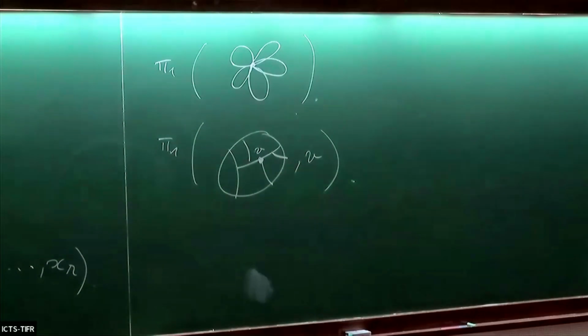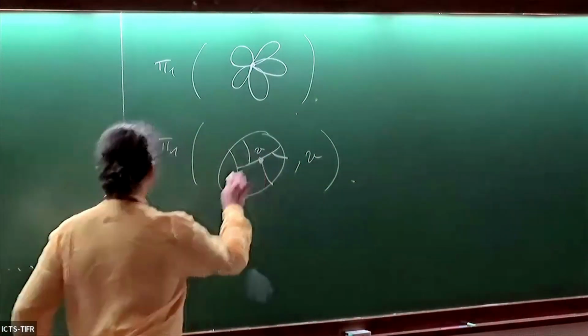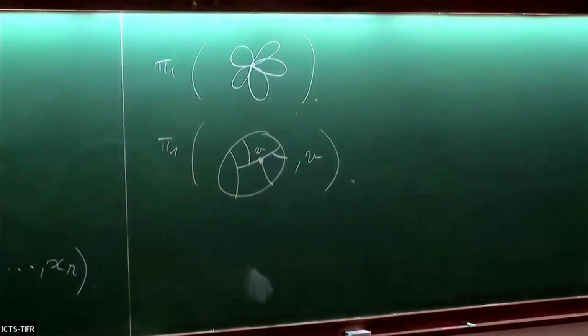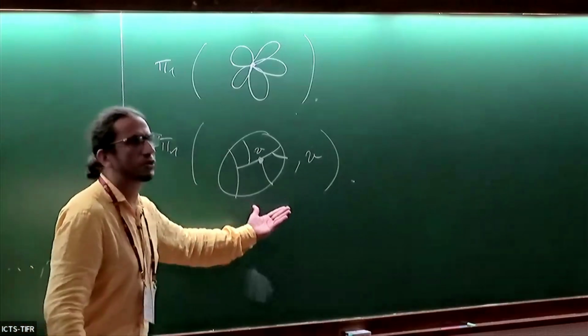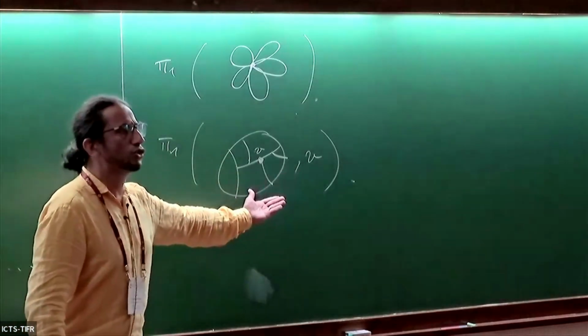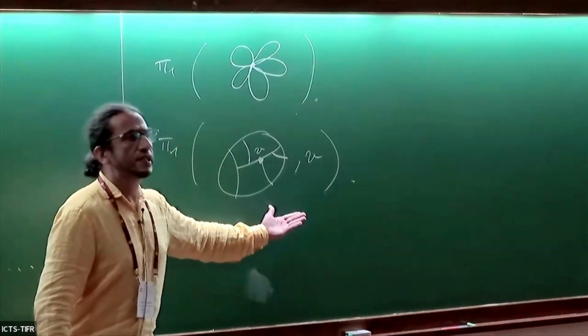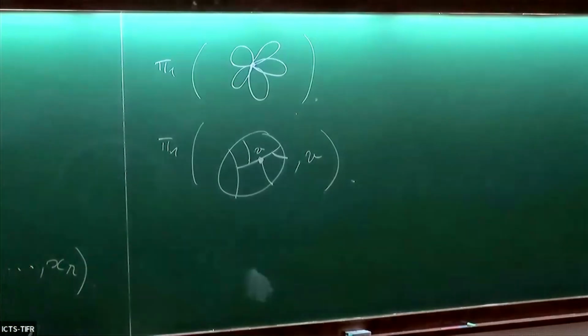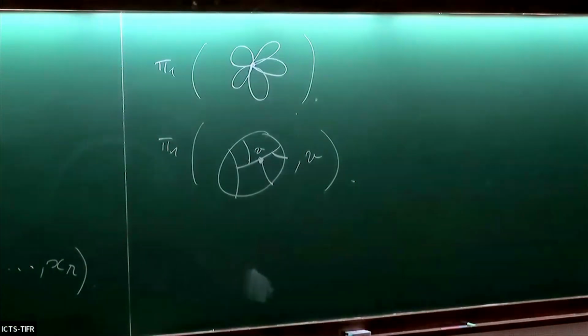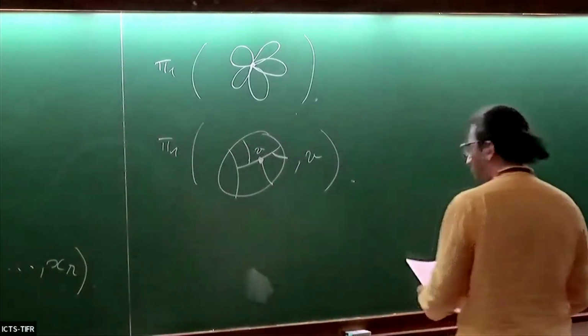Now, for finding what can be the letters to make my reduced words, there are recipes for that. You have to choose a spanning tree, and then the missing edges are what make the letters for your group of reduced words. So that's one way to move from one definition to the other.